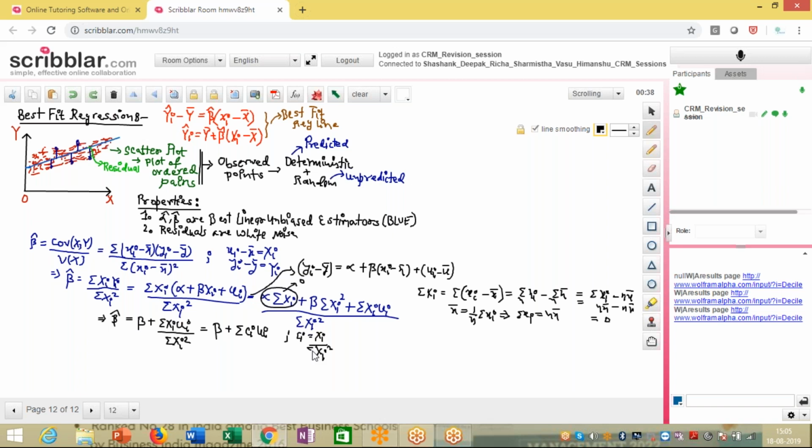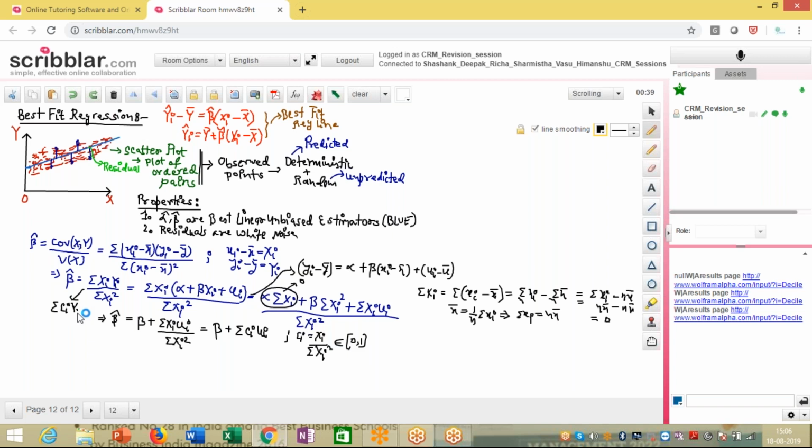So you can see that this beta hat can be represented as a linear combination of xi's and ui's, or for that matter, if you want to do it right from here, you can represent beta hat as a linear combination of the ci and the yi's, right?